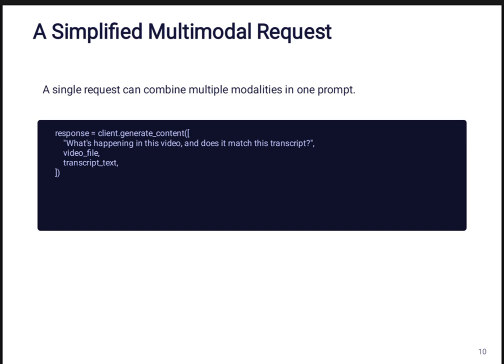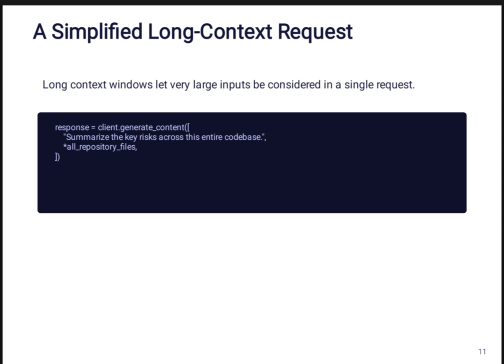A simplified multimodal request: a single request can combine multiple modalities in one prompt. A simplified long context request: long context windows let very large inputs be considered in a single request.